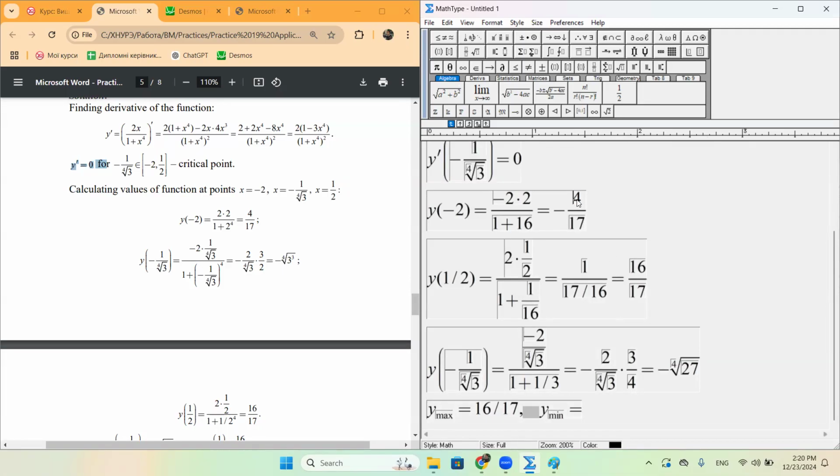So let's compare. It equals something about minus 1. So it is greater than minus 1, or it is less than minus 1. So this is the minimum value.